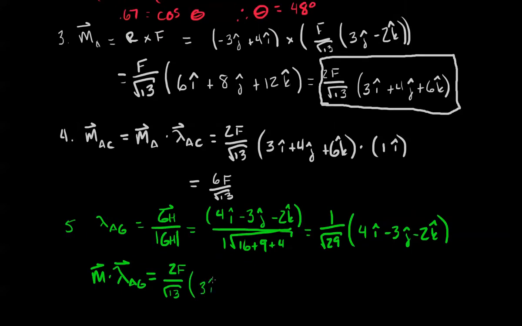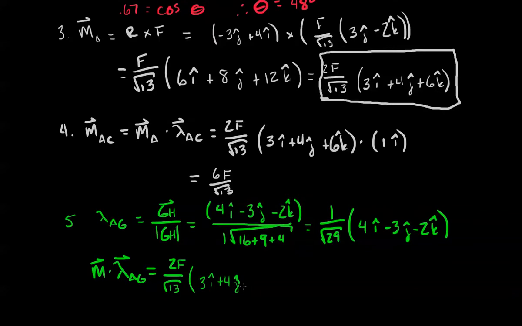And that's going to be 3i plus 4j plus 6k. Take the dot product times 1 over square root of 29 times 4i minus 3j minus 2k, equals 2F over the square root of 13 times 29, which is 377.